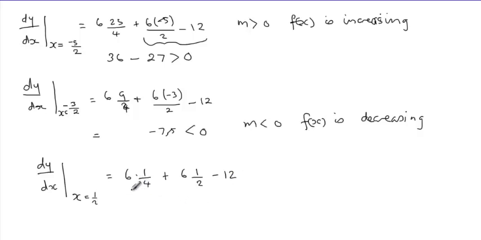A quarter of 6 is less than 2, isn't it? A half of 6 is 3. Something less than 2 plus 3 is less than 5. 5 minus 12. This is less than 0 altogether. Therefore, f is still decreasing there.